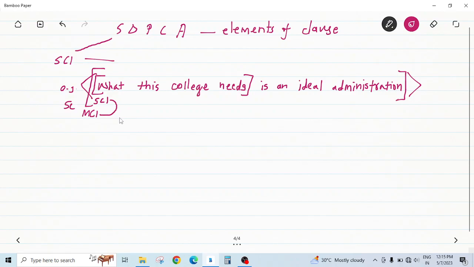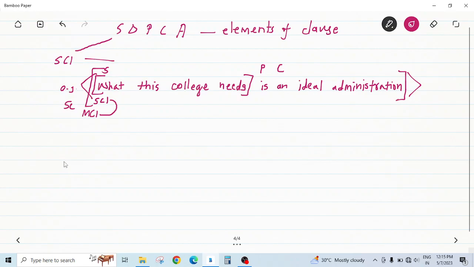You can easily understand that this is predicate, this is complement. Definitely here it functions as subject. So SCL here comes as subject of this main clause.